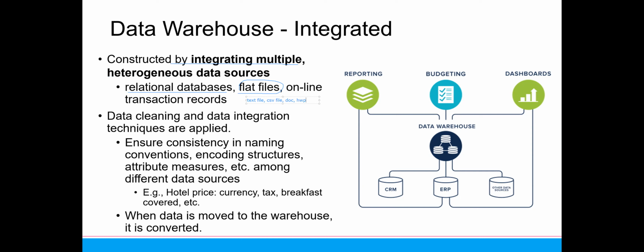In order to integrate, we may need data cleaning and data integration techniques. You already learned about data cleaning and data integration in the previous section. We need to ensure consistency in naming, encoding structures, attribute measures, and so on among different data sources.